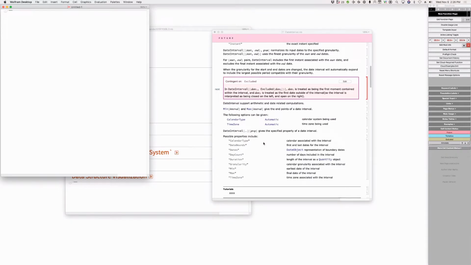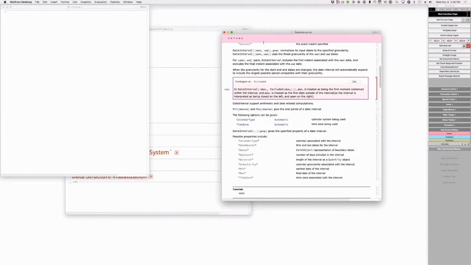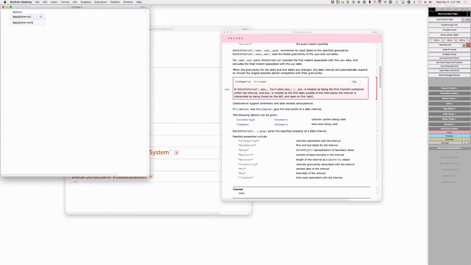So date object also has properties, right? Yes, it does. And then we have a function called date value, which is even more powerful. And what does date value do on date interval? Good question. I guess the properties that are shared will work as well.